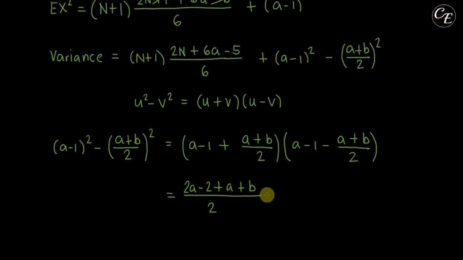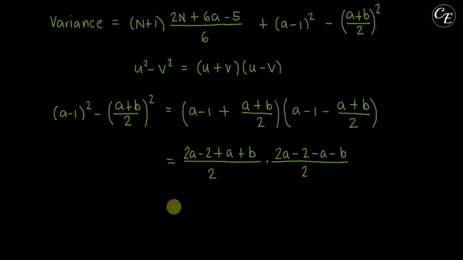Then times, we have here 2, then 2 times a minus 1 is 2a minus 2, then minus a plus b, or minus a minus b. Then it is equal to, let us write b first, then 2a plus a is 3a, and then minus 2.